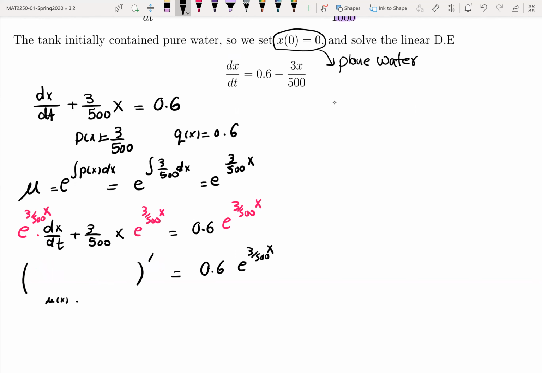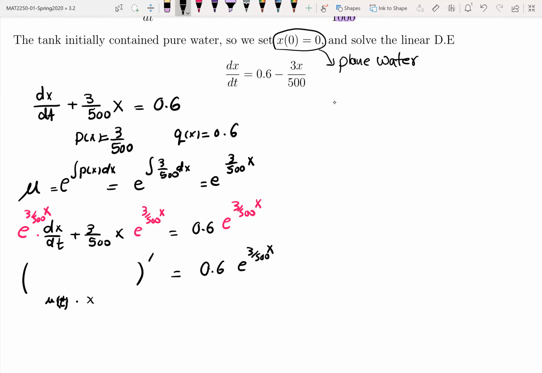So this is mu times x, because the function is not y, here it is x. And then that's just mu of t, because the variable is t.